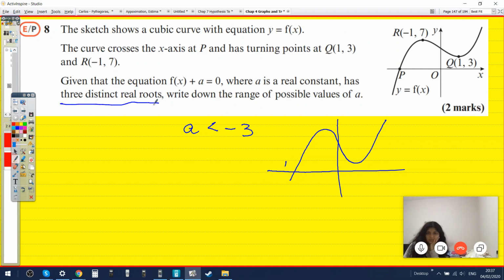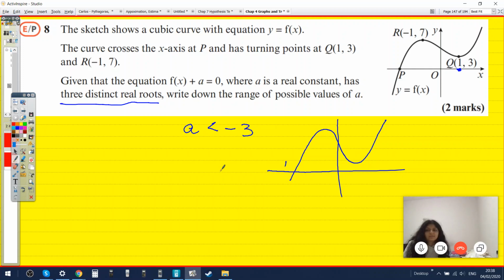They wanted 3. It would just touch if it went exactly 3. Yeah, definitely it's a root. And so is it less than or equal to, or not?